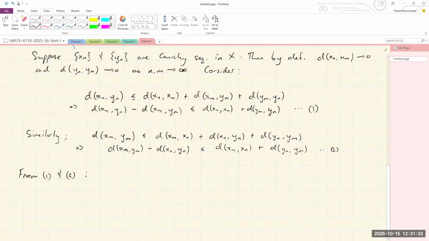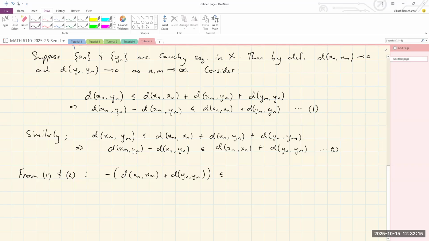Okay, but if I take 2 and multiply through by a minus sign, so I'll get minus d of xn, and I'm just switching the m and the n around, plus d of yn ym, and that will be less than or equal.